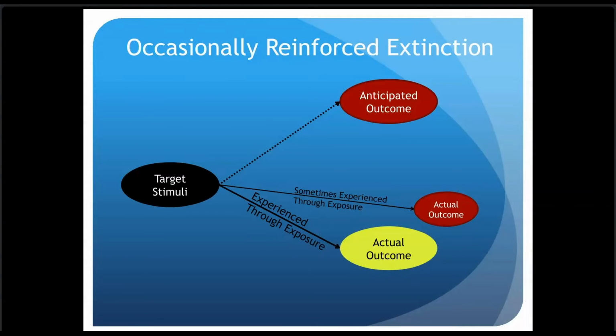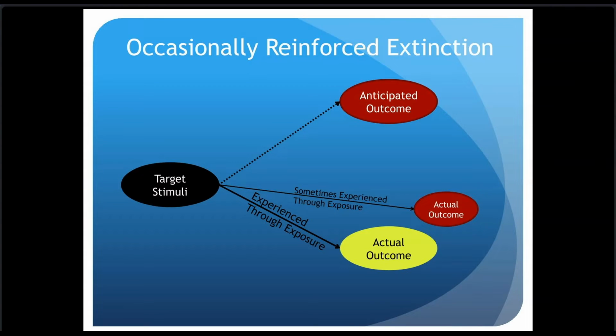So second one on our list of inhibitory learning strategies, occasionally reinforced extinction. In this particular approach, the idea is that the person has some kind of anticipated outcome related to the target stimuli. Occasionally, they get something in the actual outcome that is near to it, not necessarily at the same level, but comes close.